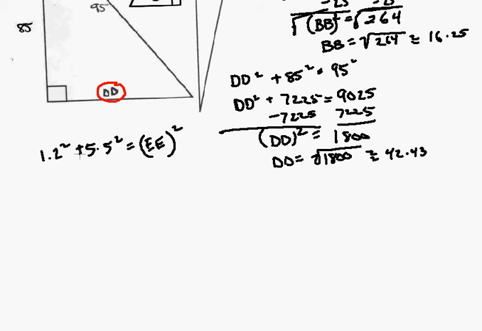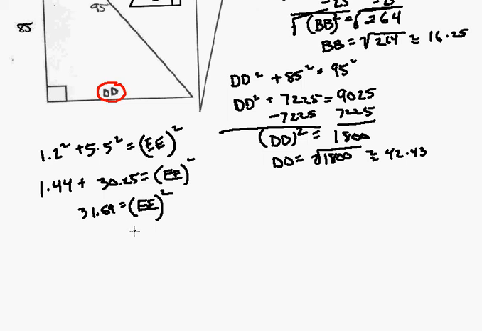So 1.2 squared gives me 1.44. 5.5 squared gives you 30.25, and that's equal to the length of the hypotenuse squared. Adding 30.25 plus 1.44 gives me 31.69. So I have 31.69 is equal to the length of the hypotenuse squared.